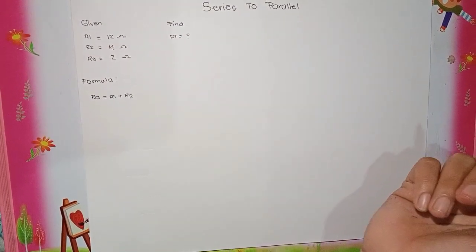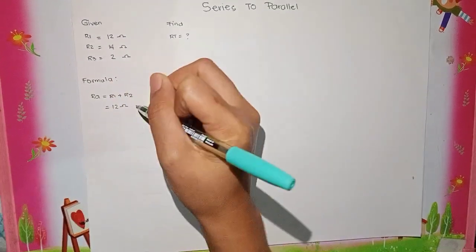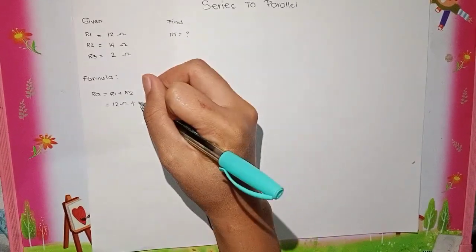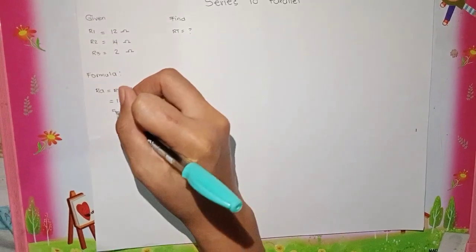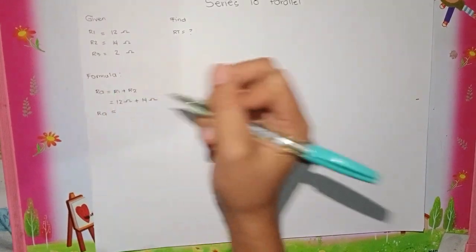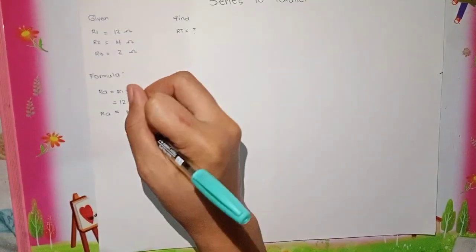So our R1 is 12 ohms plus R2 which is 14 ohms. Let's just add them. So our RA is 26 ohms.